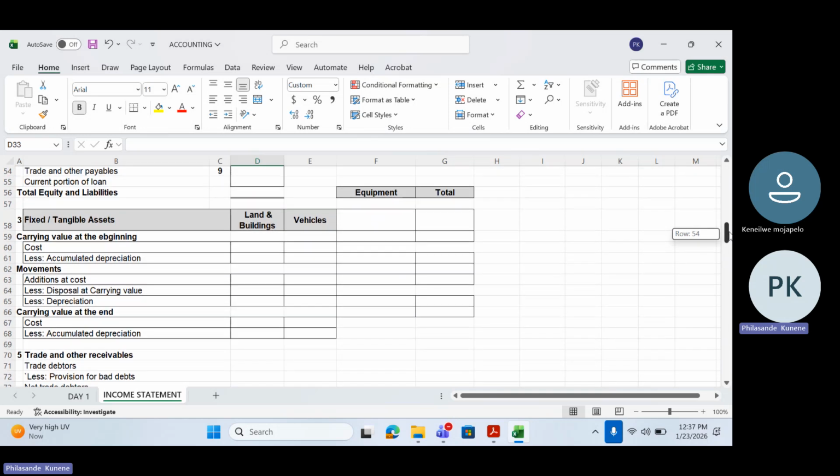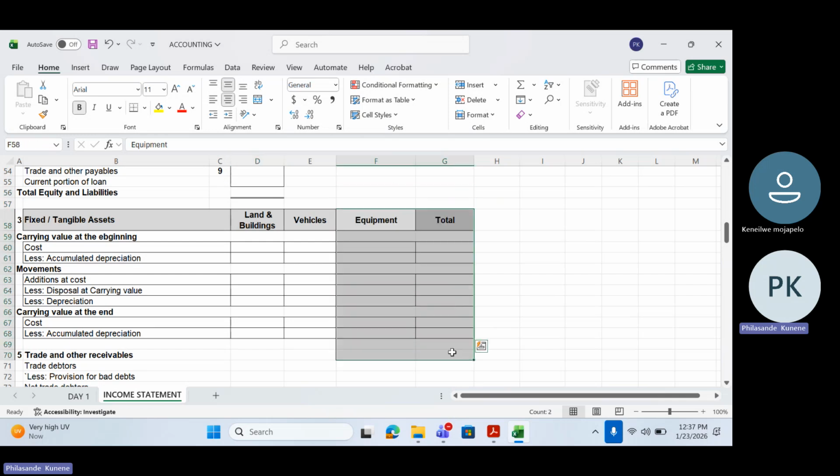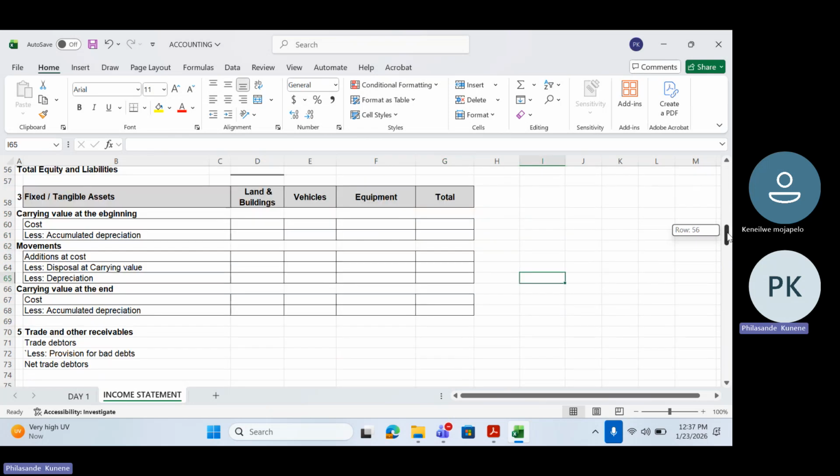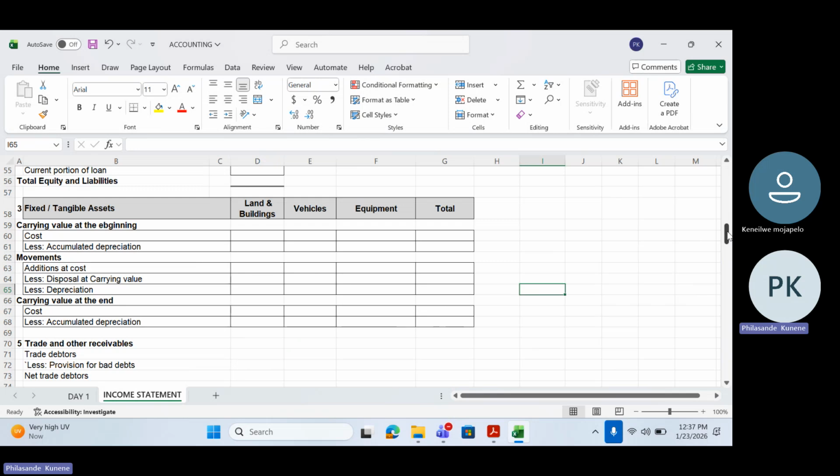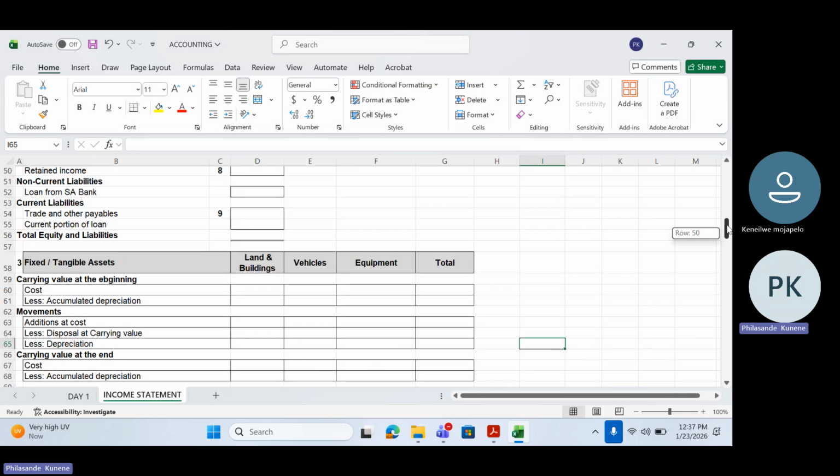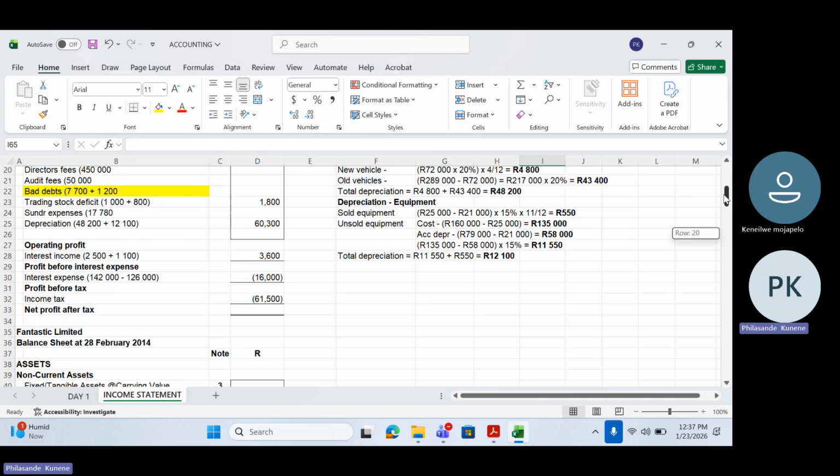The reason I want us to do this is because we just did the calculation for fixed assets, depreciations, and all of that. I want us to complete this while we're still fresh in this calculation, because these things have a relationship now.